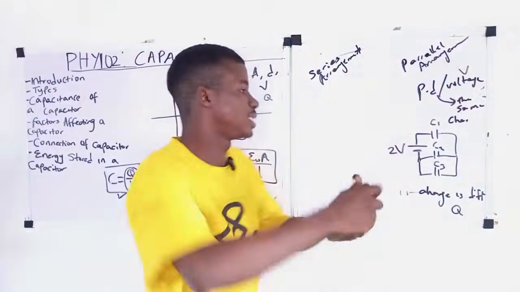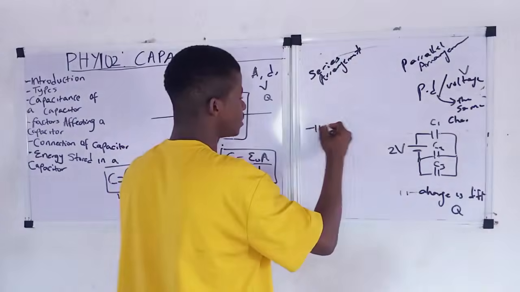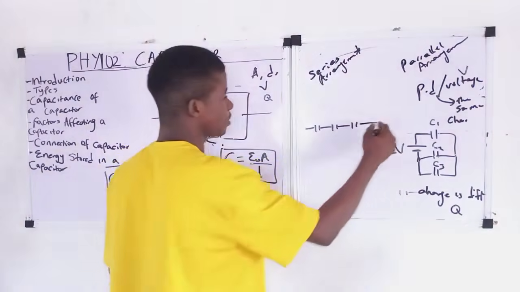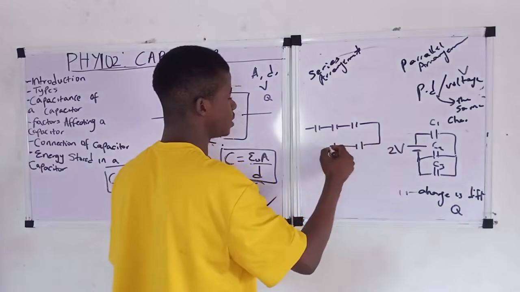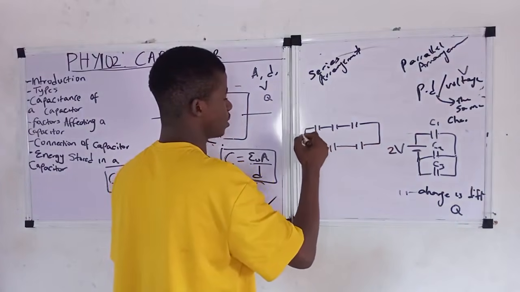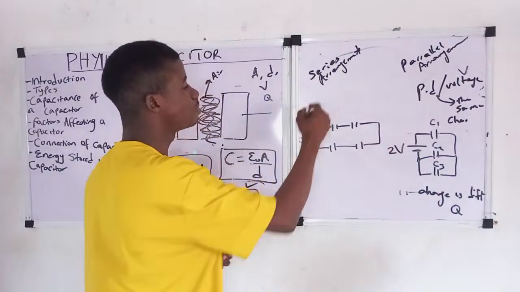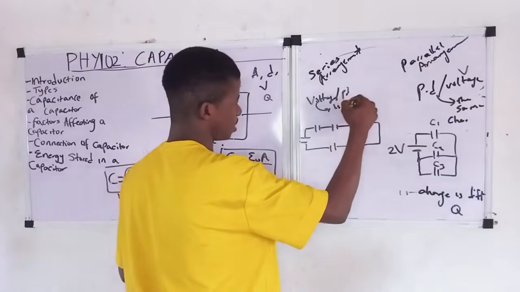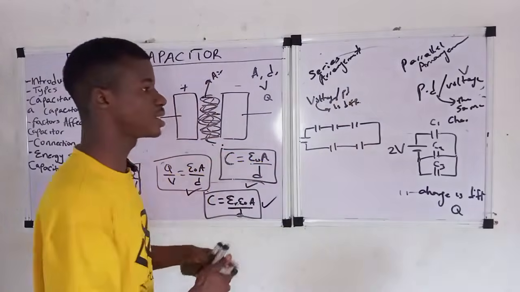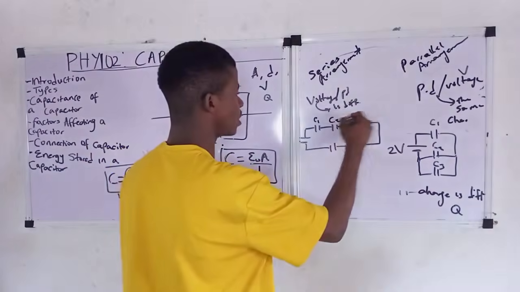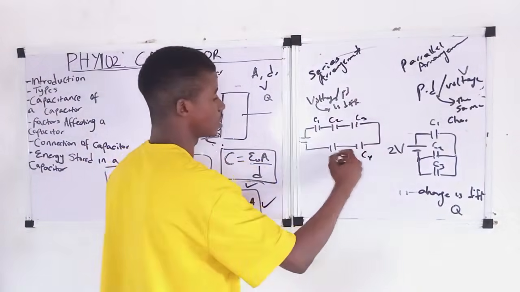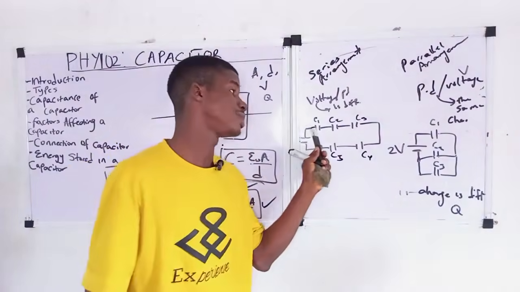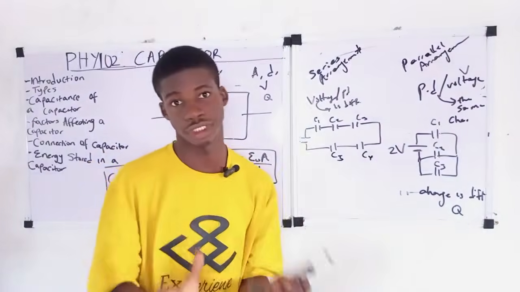In series, it's the opposite. So let's say this is a series connection. In series connection, the voltage or potential difference is different. So in series arrangement, the capacitors have different voltages.